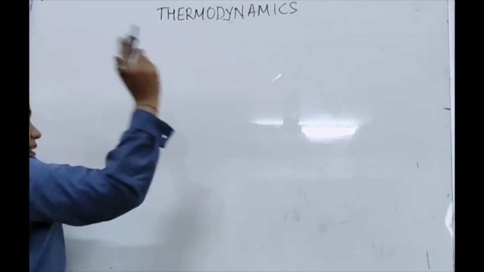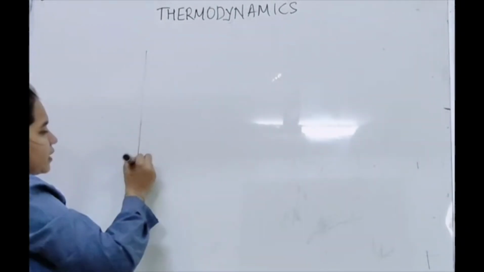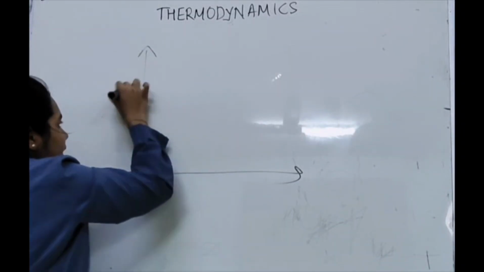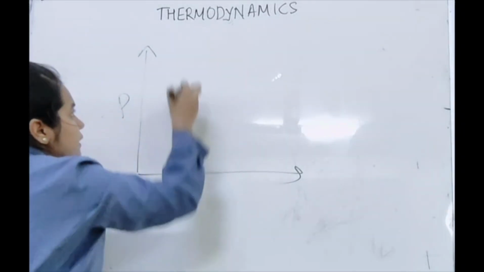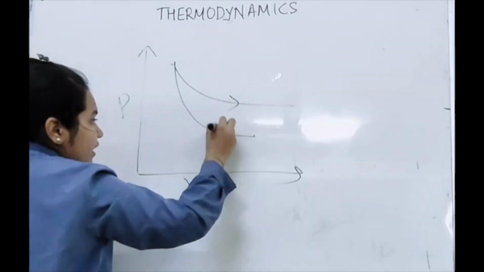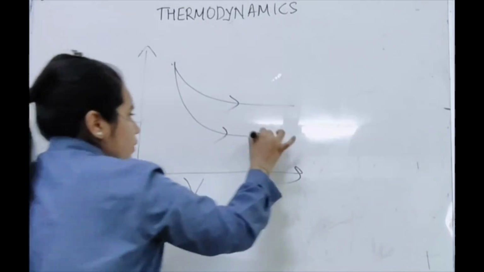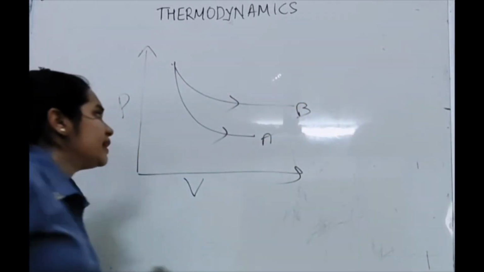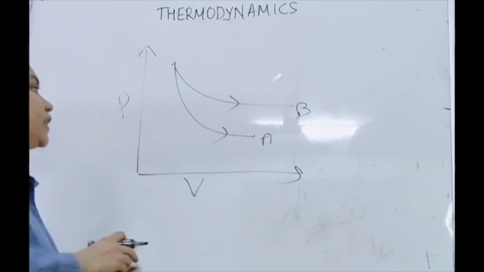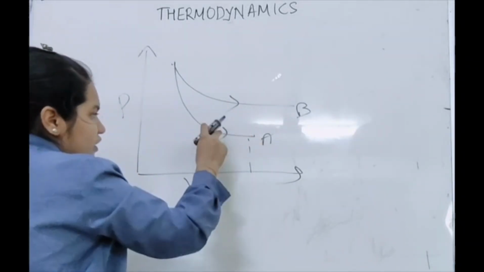Next, let's do one important graph. It was not given in the textbook. P, V. You have to be aware of the arrows, where the arrows are going. So would you say this is expansion or compression? We know the volume is increasing.